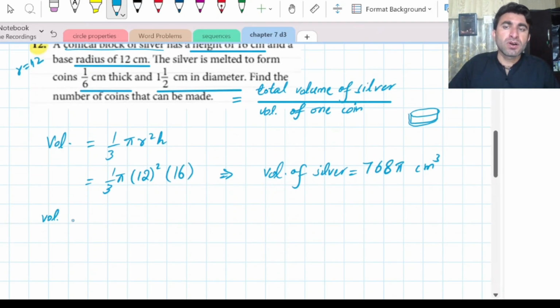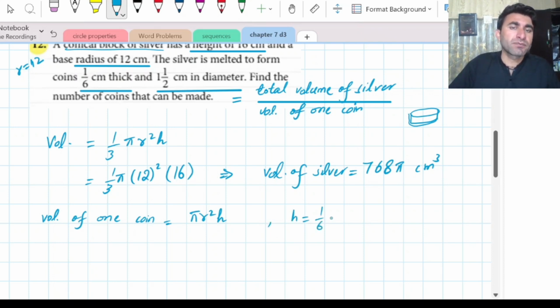So the volume of one coin will be πr²h, where r is the radius of the coin and h is the thickness of the coin. We know h is given as 1/6 centimeter, that is the thickness of the coin, while we are given the diameter of the coin, which is 1.5 centimeters, or we can also write it as 3/2 centimeters.